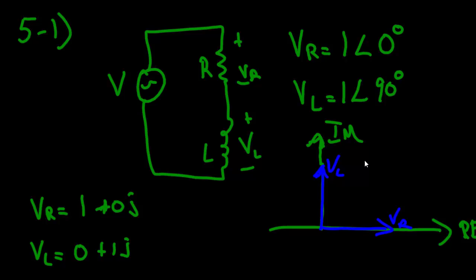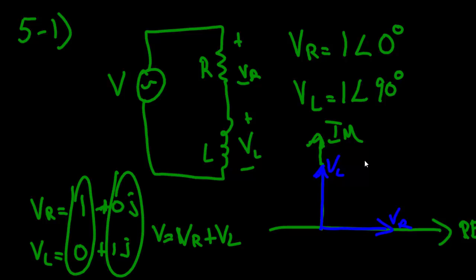So now if we want V, which is equal to VR plus VL, what do you think we're doing? We're going to add the real components of each and the imaginary components of each. So we're going to add these two values and these two values to give us what? 1 plus 1j. Exactly.